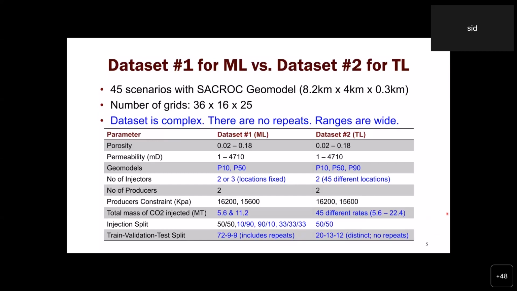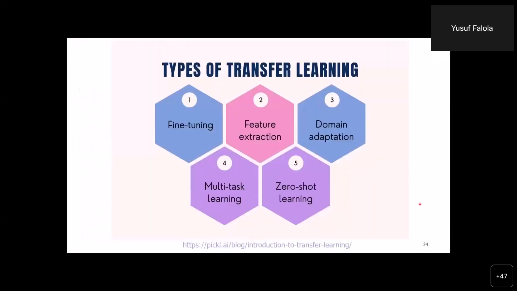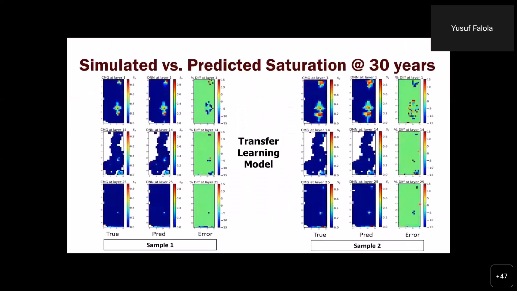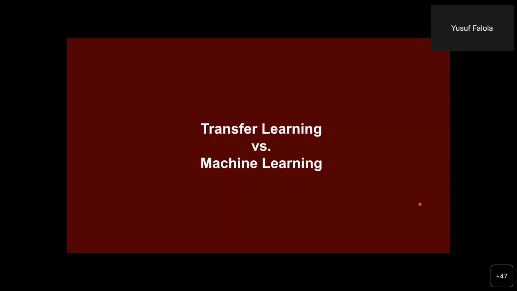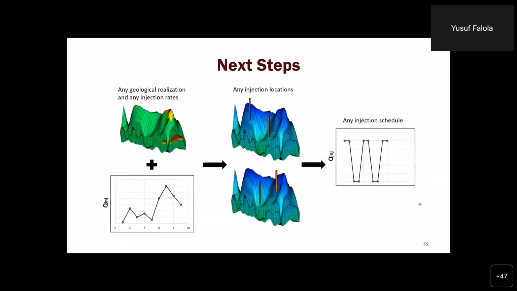Yusuf, any comments on that? Or maybe Andres? Well, just to add to what you have said, we did this as step 1 of the transfer learning. We want to build on this so that in the next case we have variable injection rates, and in the case after that we also have a start-stop schedule change, because in reality you can't continue to inject forever; there will be some stop and some start.